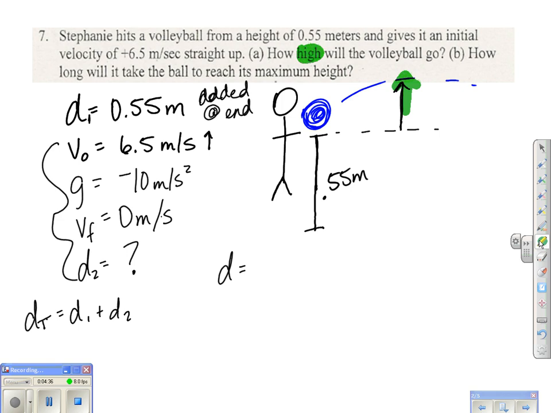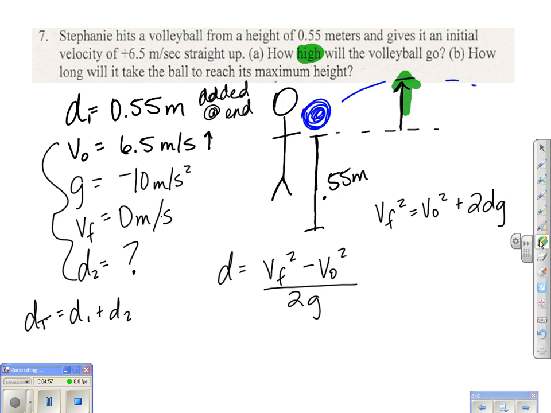So we're going to use our vf squared minus v0 squared divided by 2g. Now, I wrote that, but really the original formula is vf squared equals v0 squared plus 2dg, and I just solved for d by manipulating the equation.